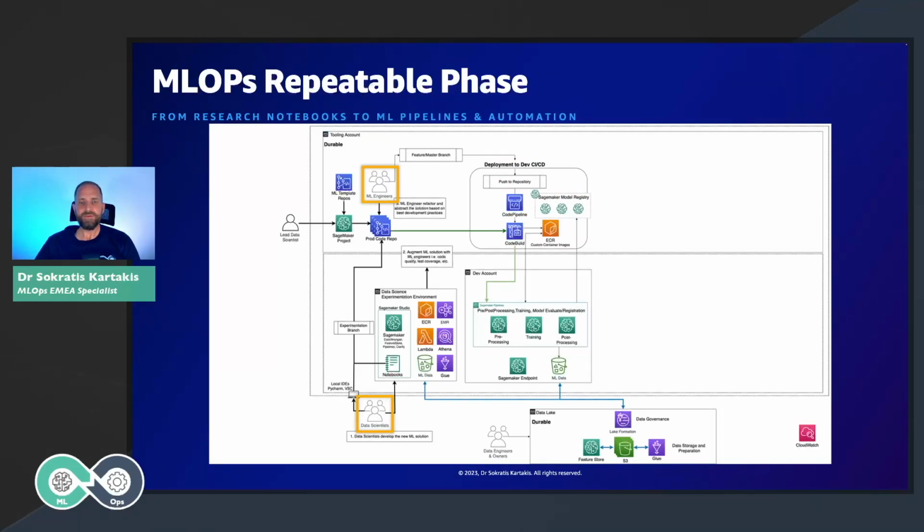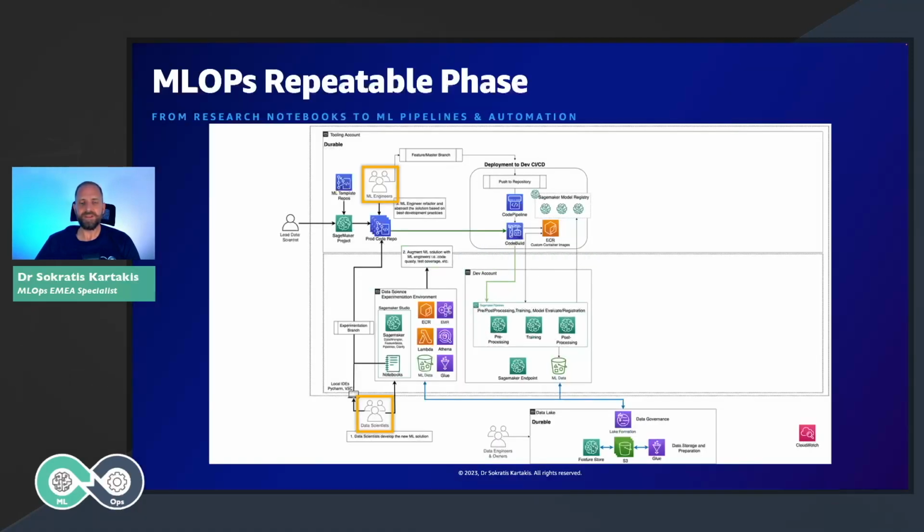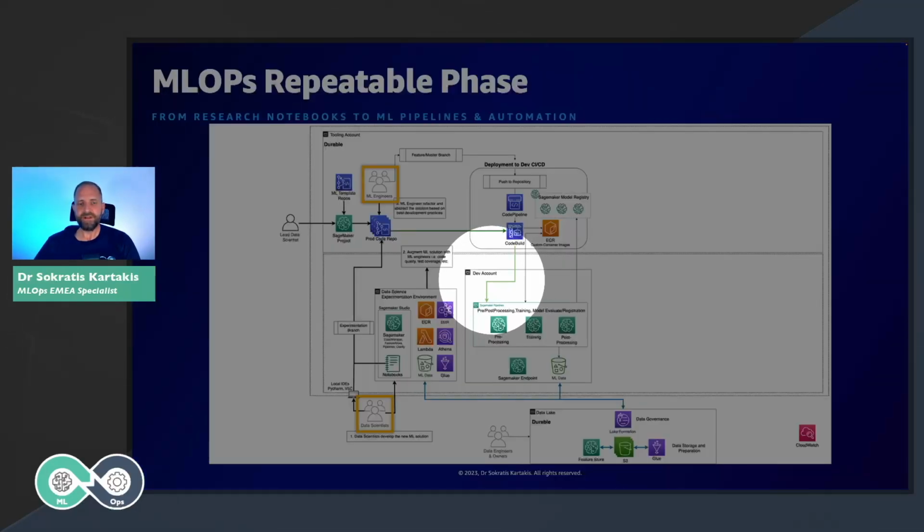Now, at this point, it is good to say that the data engineers need to send input data or historical data into the development account in order to feed the SageMaker pipelines with new historical data to train new models. As I already mentioned, this is a separate account, the dev account. Why is that?